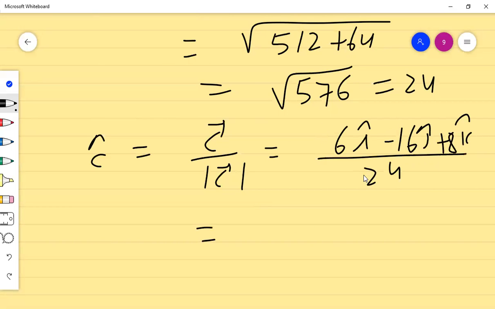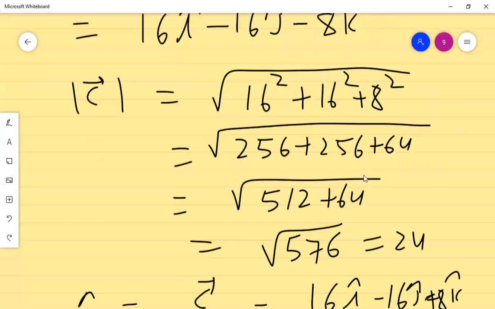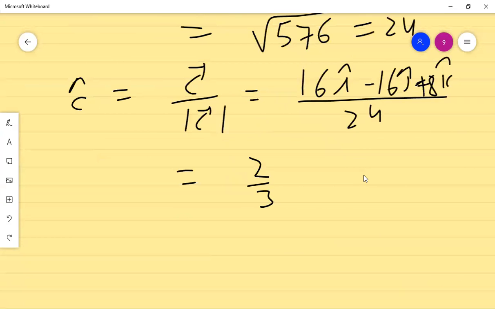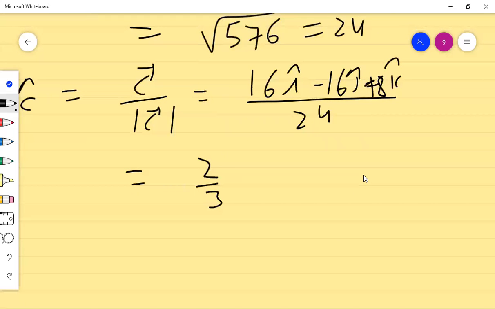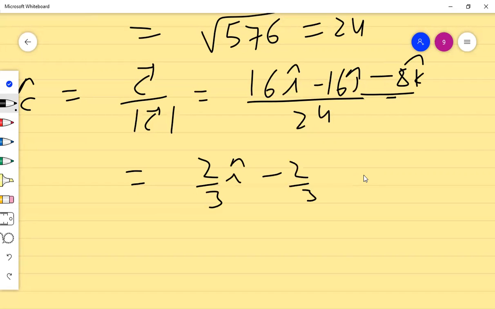This will be 2 by 3, so minus 8k cap. This should be the answer.